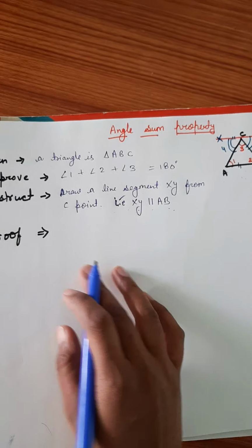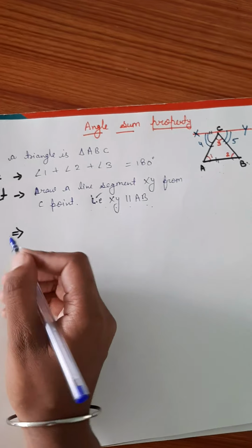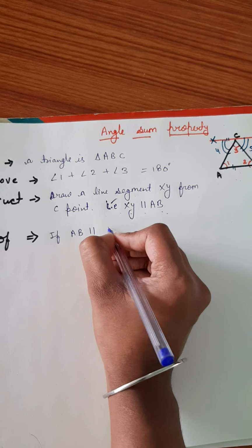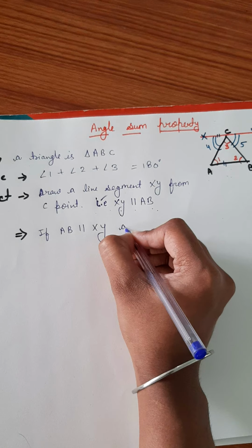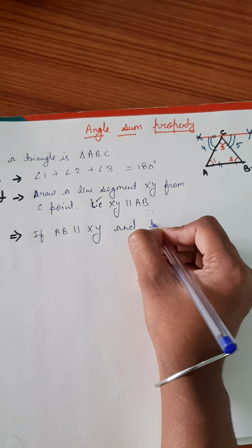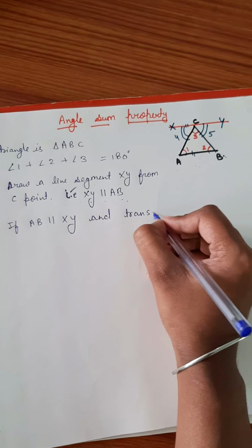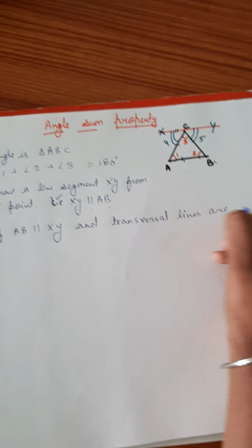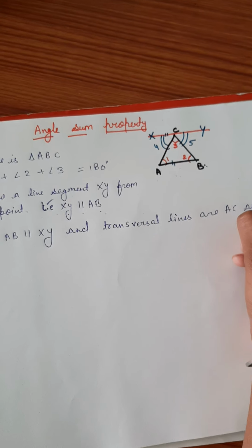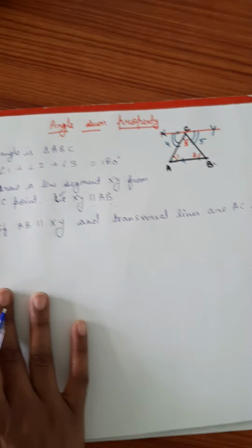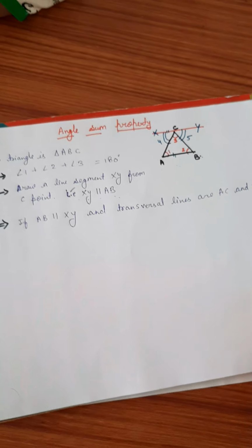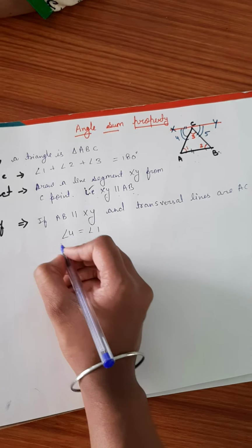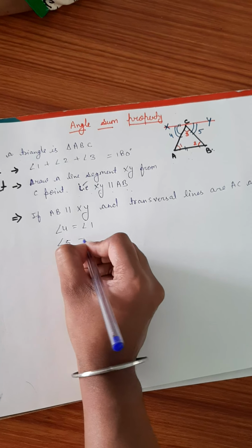So here I am writing this thing. If AB is parallel to XY and the transversal lines are AC and BC, what is the conclusion here? You can write angle 4 is equal to angle 1 and angle 5 is equal to angle 2.